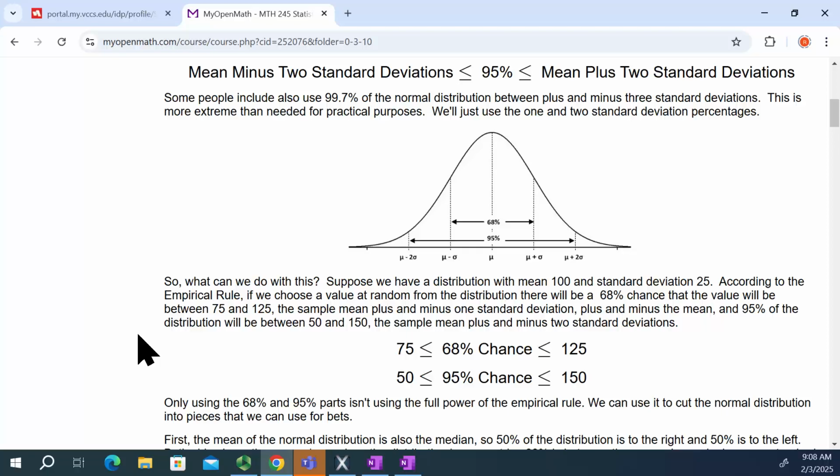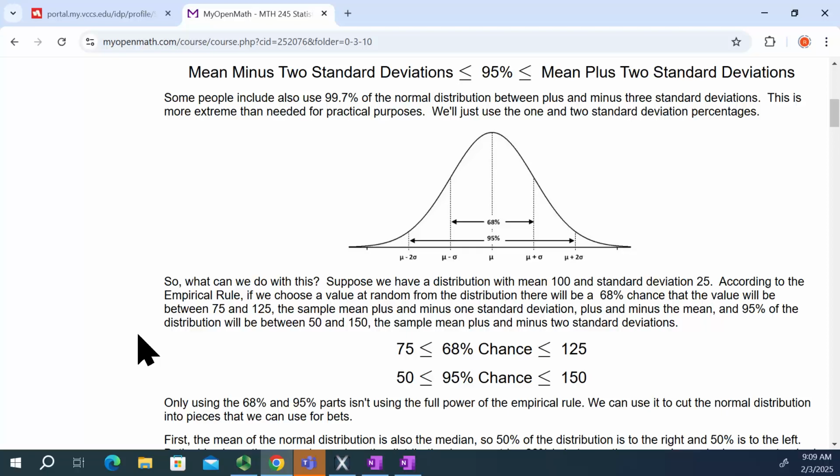And because of that, we have the empirical rule. This follows the standard normal distribution, the bell-shaped curve. So what it says is that one standard deviation down and one standard deviation up covers 68% of this distribution.